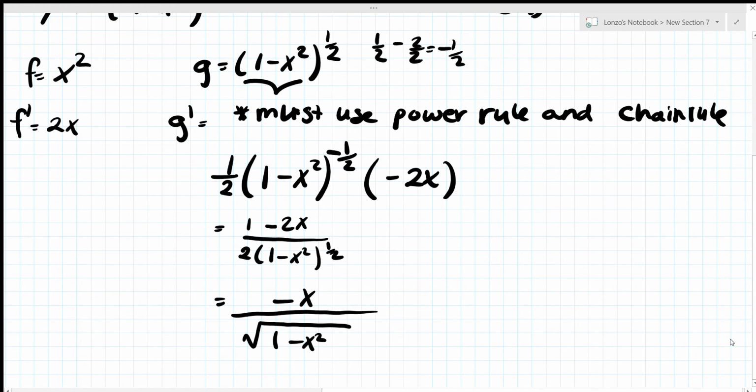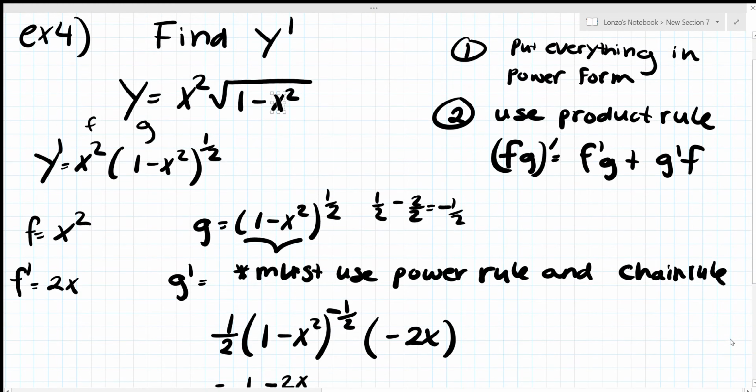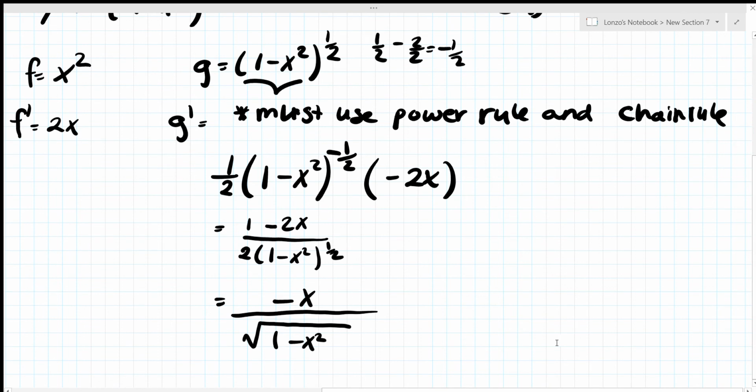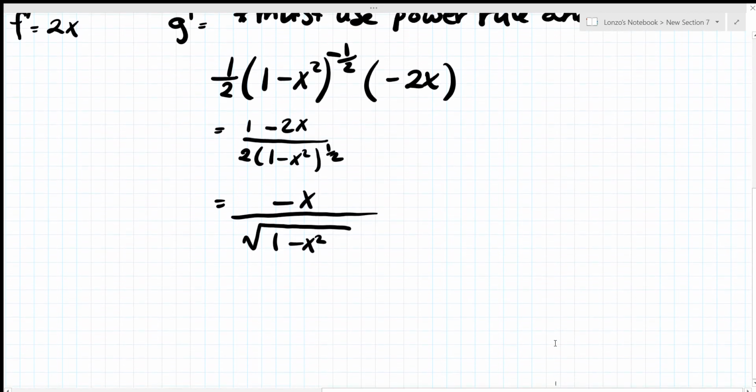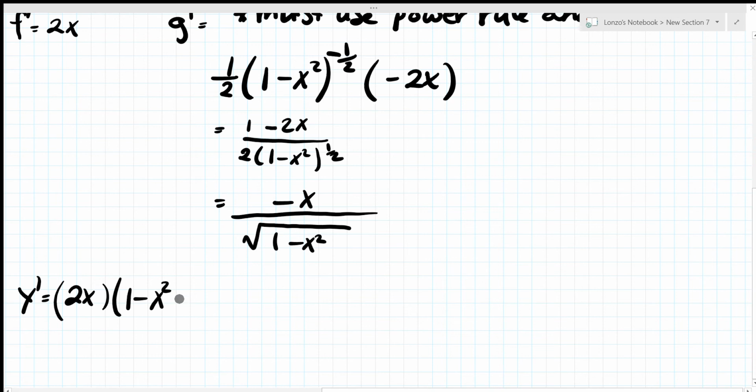Okay, so y prime is f prime, which is 2x, times g, which is (1 minus x squared) raised to the 1/2, plus g prime times f.